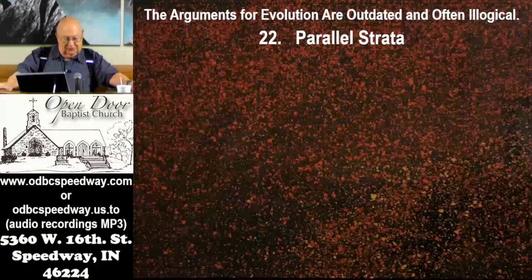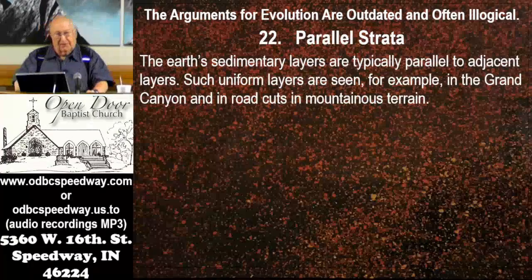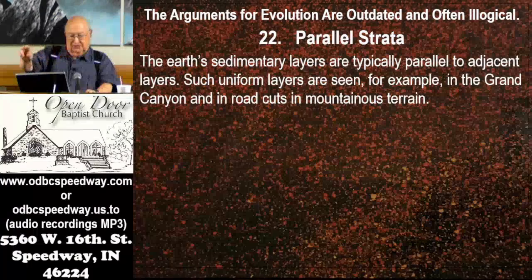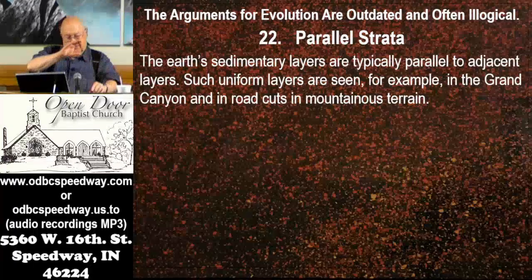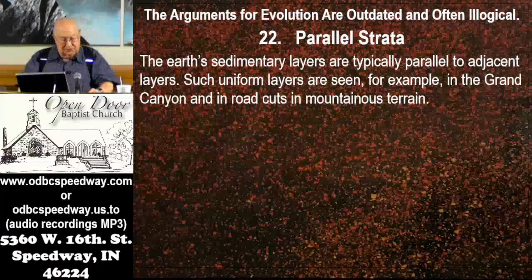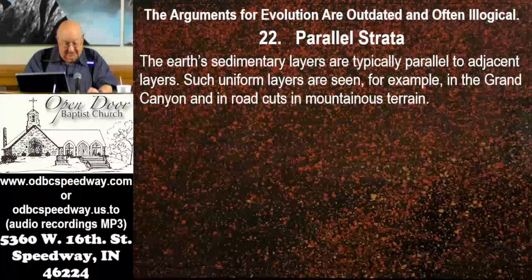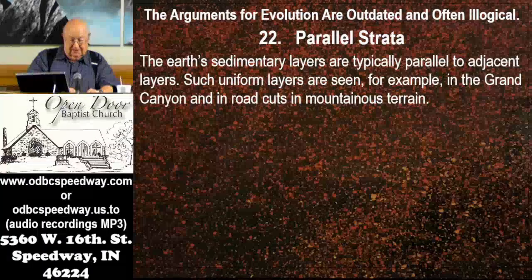Well, here's the question. Earth's sedimentary layers are typically parallel to adjacent layers. In other words, one layer and then another layer, and they're fairly level, horizontal. Such uniform layers are seen, for example, in the Grand Canyon and in road cuts in mountainous terrain.